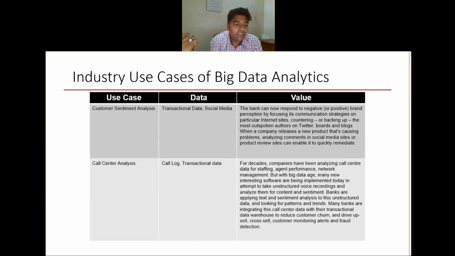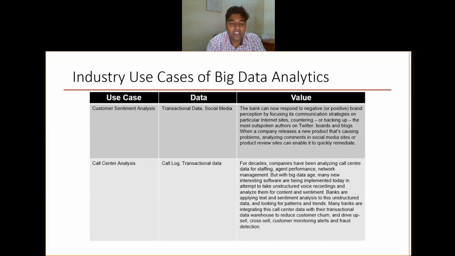So all these are case studies of how a big data solution provided to an organization improves its services, its products, and its working efficiency.